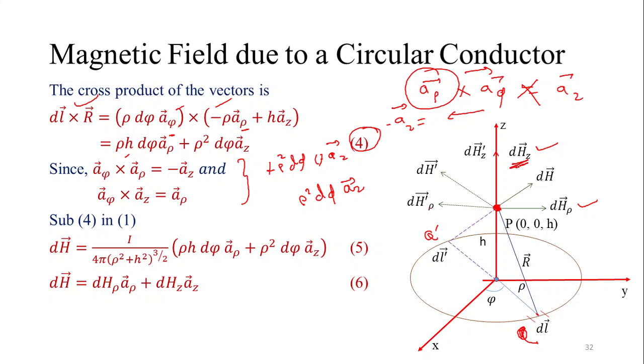The dHz and dH dash z are both in the same direction, so they will get added up, but the components dH dash rho and dH rho are exactly in opposite direction. Okay, so the same current is flowing here and here, so the magnitude is also the same, so this one will cancel this one, so you will have field only in the z direction, not in the rho direction.